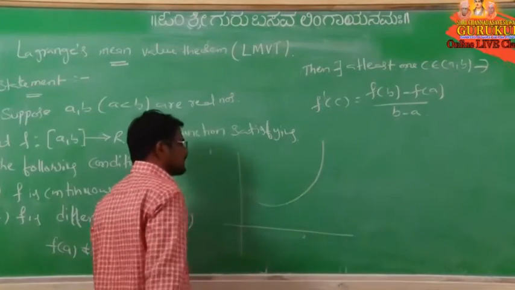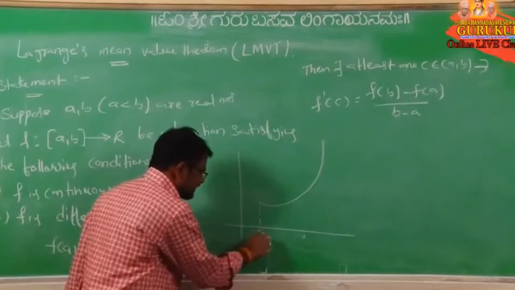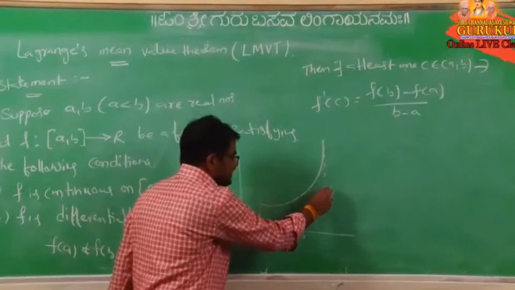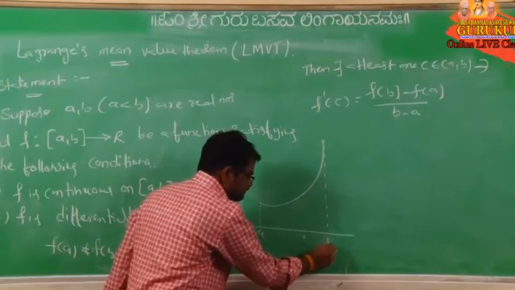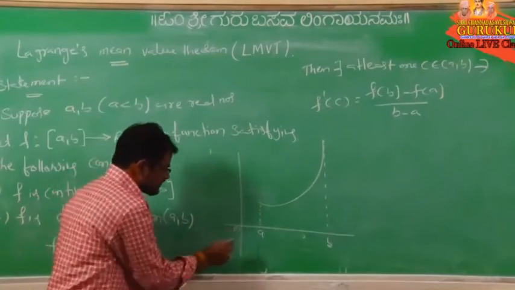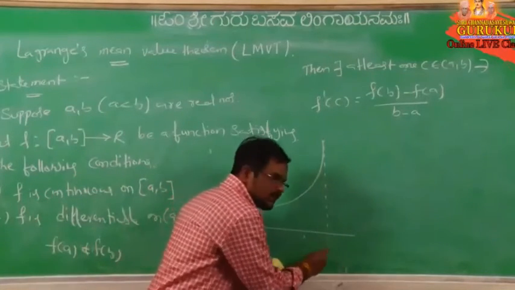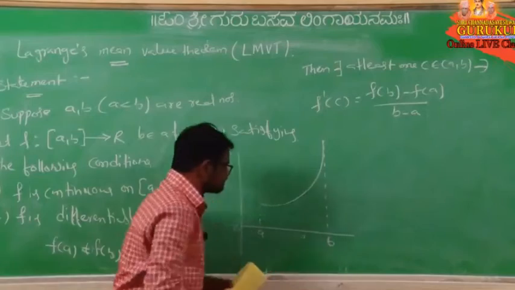This is one graph. Suppose I take here A, and here B, right? This is x, and this distance is b. Now it is b.